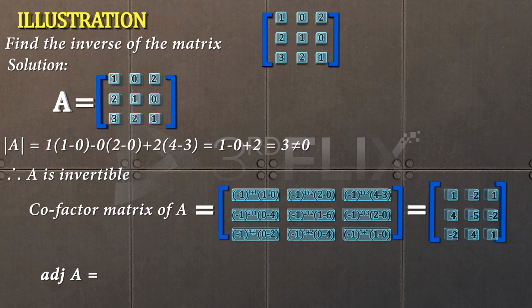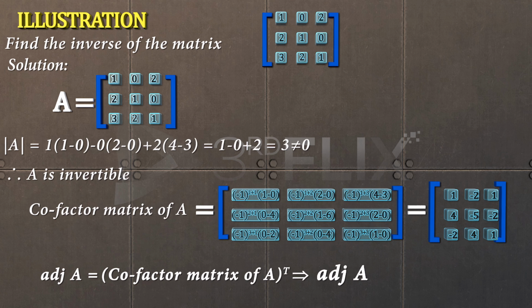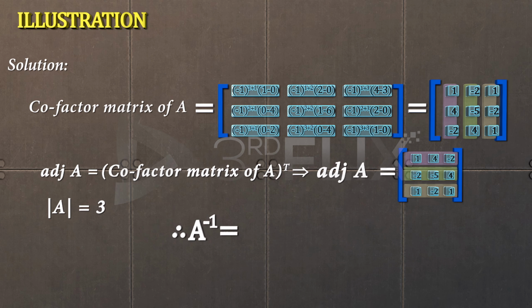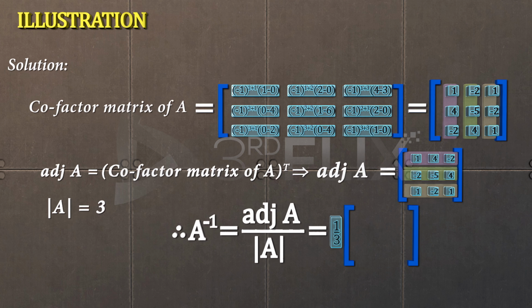Now adjoint of A is equal to the transpose of the cofactor matrix of A, which is the matrix [1, 4, -2; -2, -5, 4; 1, -2, 1]. Therefore, A inverse is equal to adjoint of A by det A, which is equal to 1 upon 3 multiplied by the matrix [1, 4, -2; -2, -5, 4; 1, -2, 1].